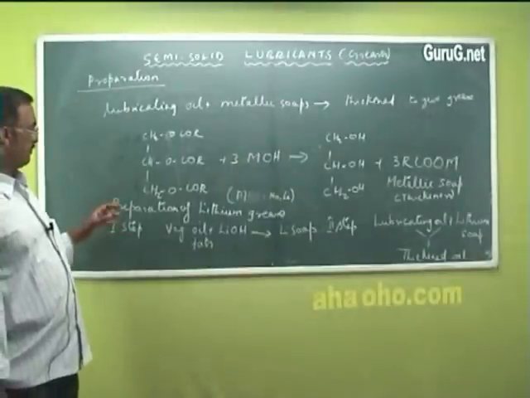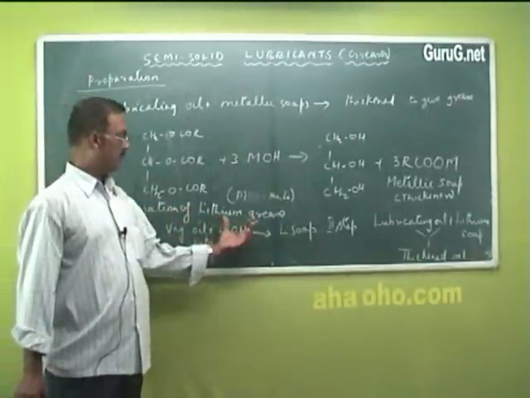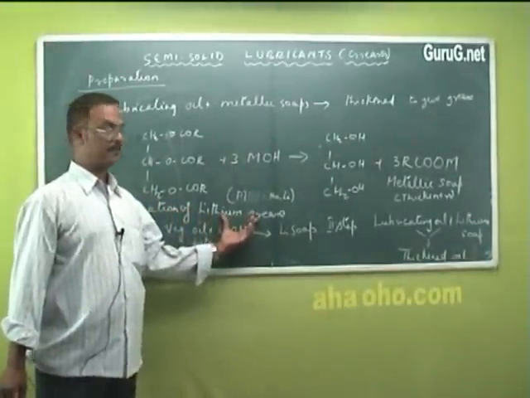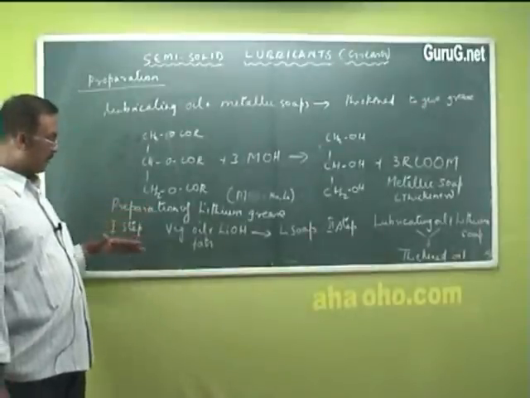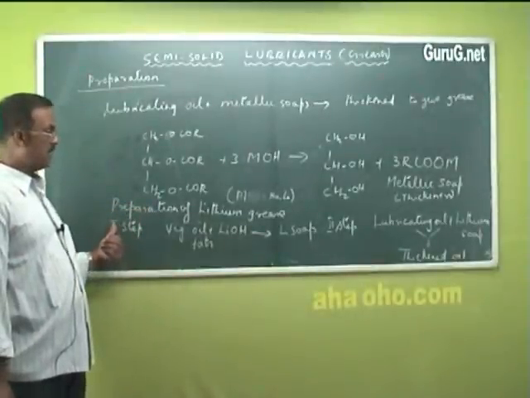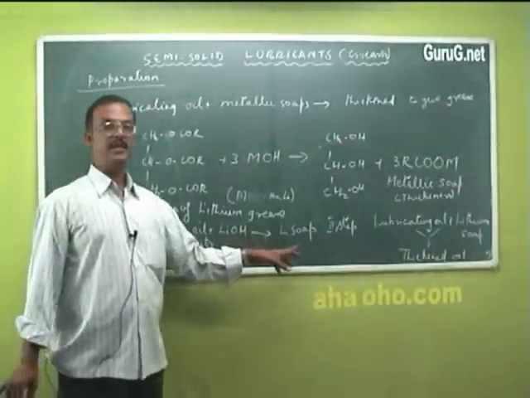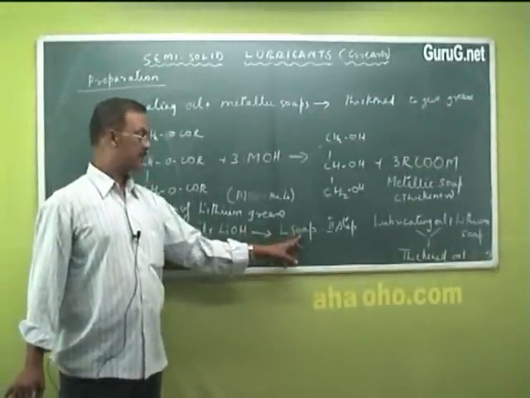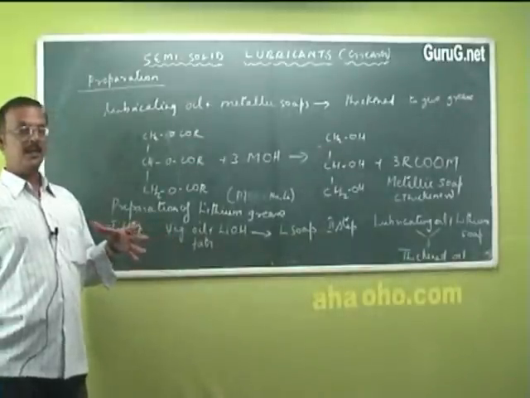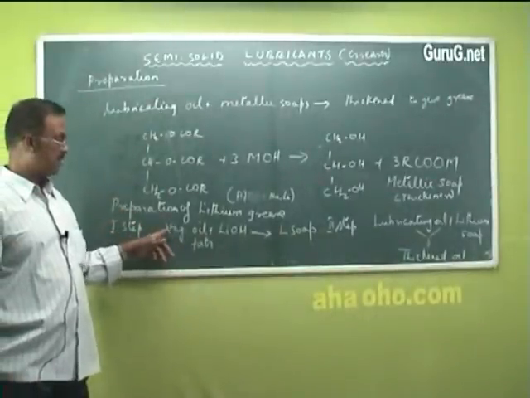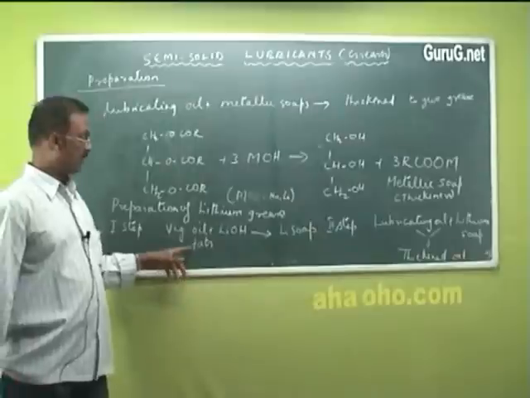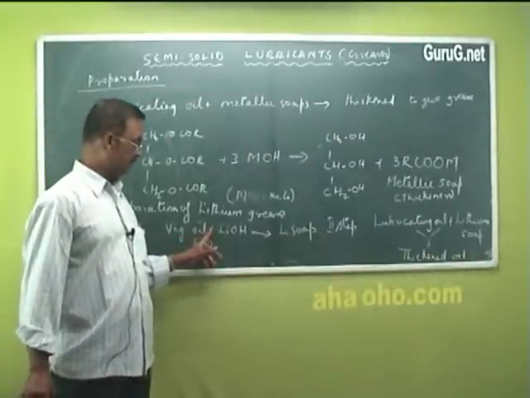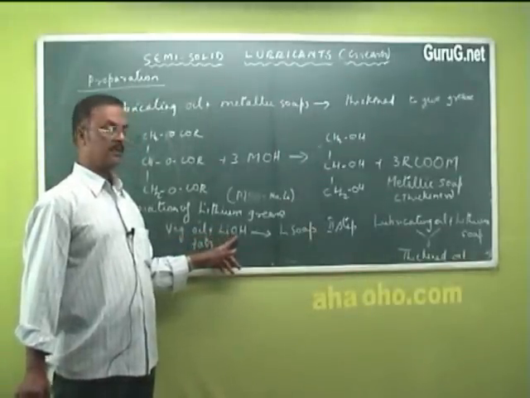For example, suppose lithium grease is to be prepared. Now, this can be prepared in two steps. The first step involves the preparation of the metal soap, namely lithium soap. This can be obtained from vegetable oils or vegetable fats by saponifying it with lithium hydroxide.